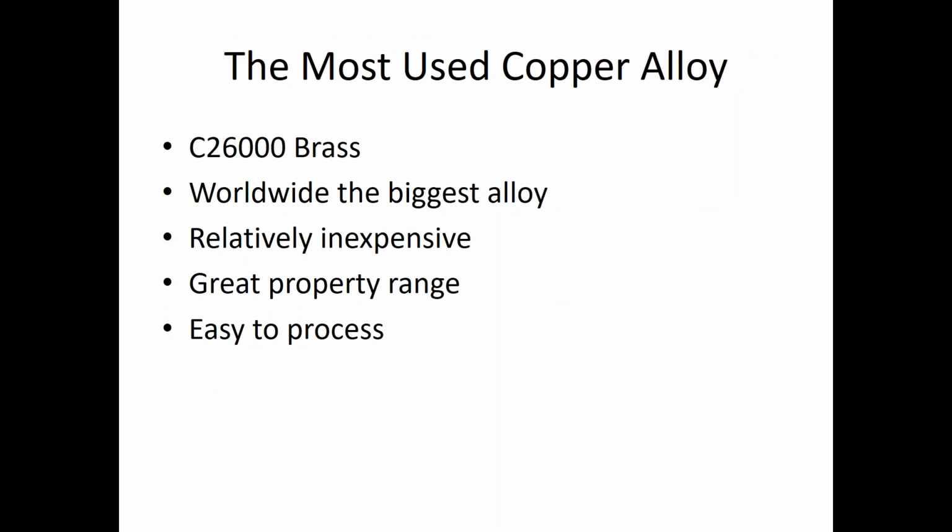So it gets around. The most common copper alloy is 260 brass. It's the world's biggest used alloy. It's relatively inexpensive. It has a huge property range. It's easy to process, given the right parameters.